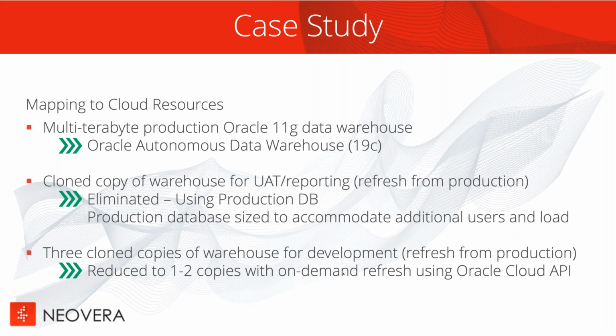We sized it through the POC. We played with the different sizing pieces of it to where we knew what the optimal size was to accommodate that additional reporting. And then the 3 clone copies of the warehouse that they generally had, we reduced that down to 1. I think they may have used 2 at one point, but most of the time they were now able to use just 1.